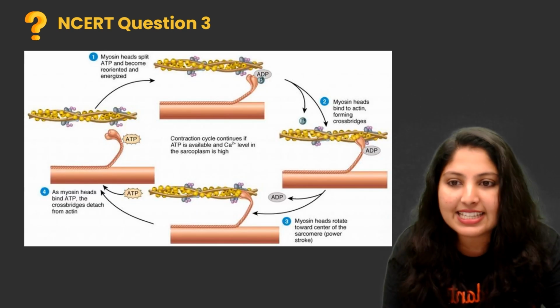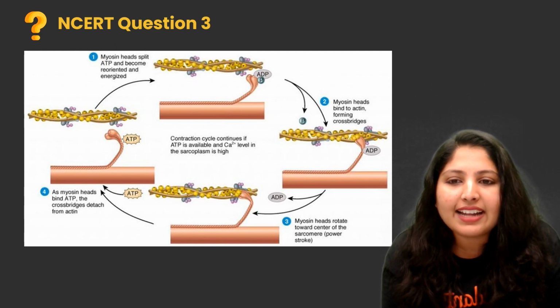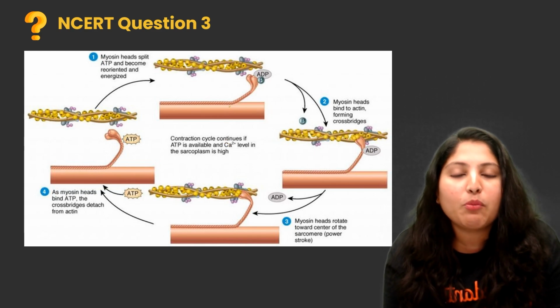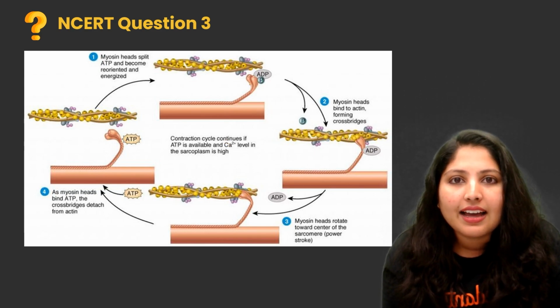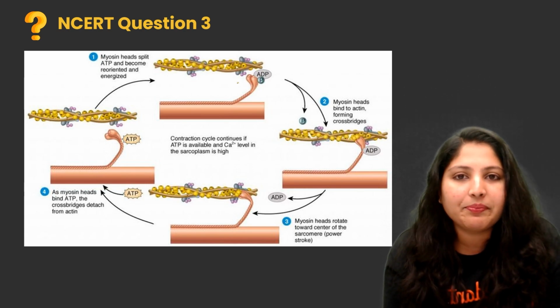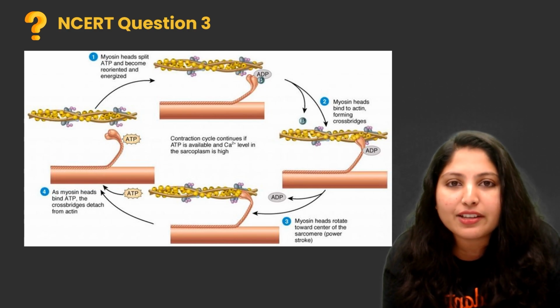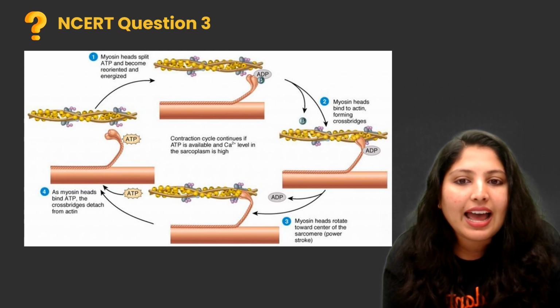Clear? So let's see the diagram. See what happens? When the calcium ion increases in the sarcoplasm, what happens? The actin filament is unmasked, right? So due to that, the myosin is going to attach to the actin filament.